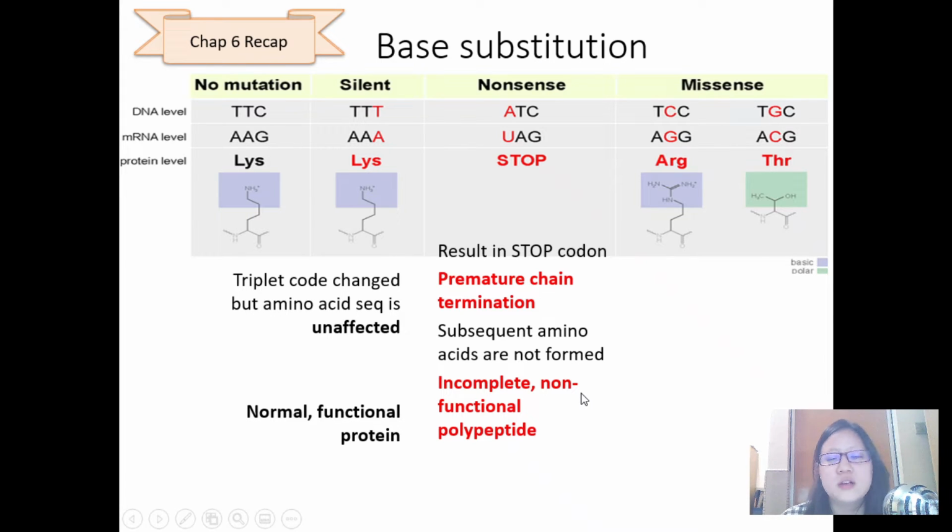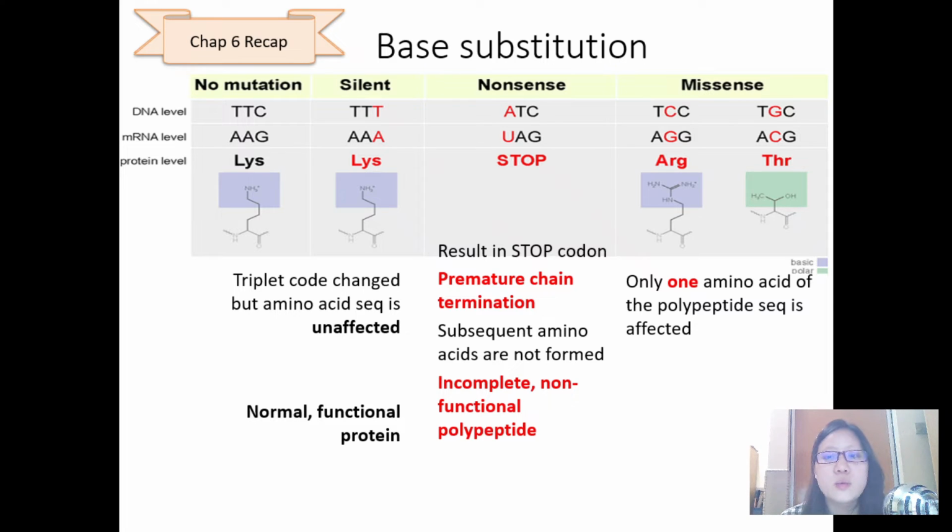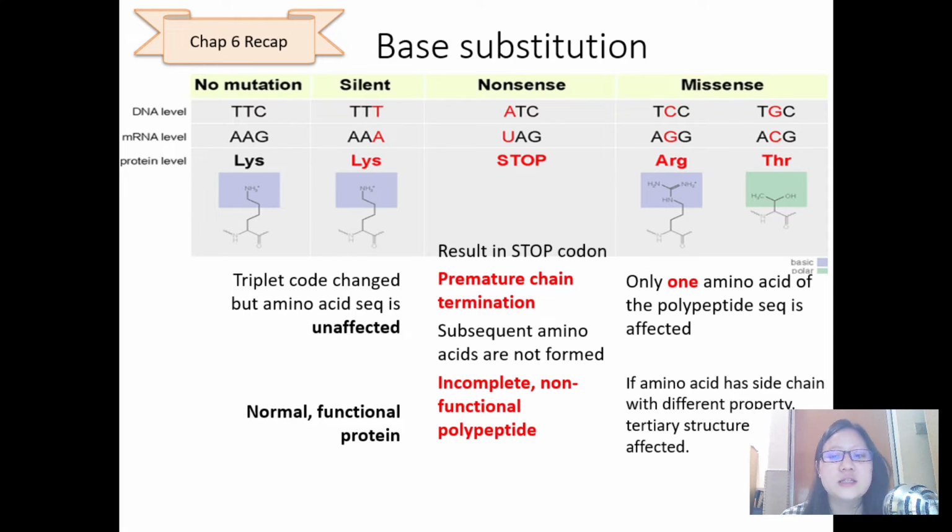Basically, the polypeptide is gone, it's not useful anymore. Missense is when a different amino acid is incorporated, and therefore this might change the shape of the polypeptide, resulting in it maybe not functioning as well as before. So it may still be functional, but in the worst case scenario, it cannot.